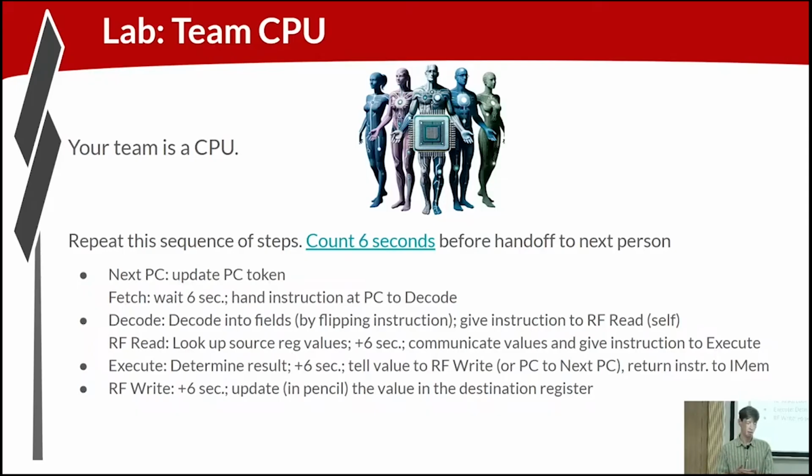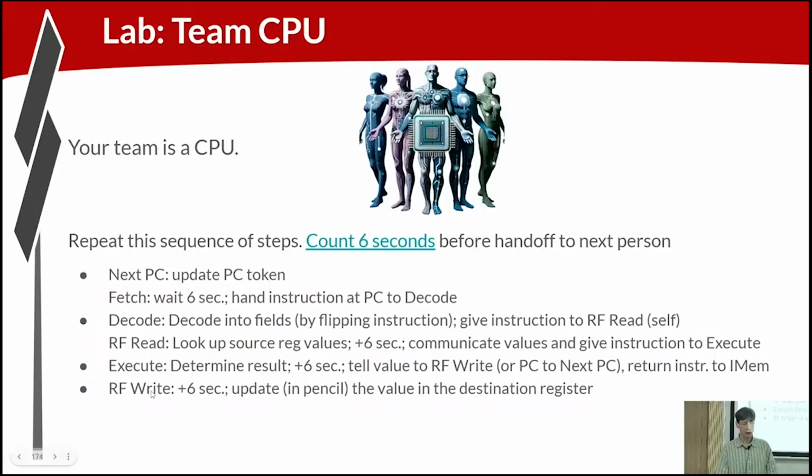So I guess it would be add 4 plus 8 and write it to this register, and then 6 seconds later, execution has done the computation, you have a result. You say to the register file write, write a value of 10 to register 6. Right?